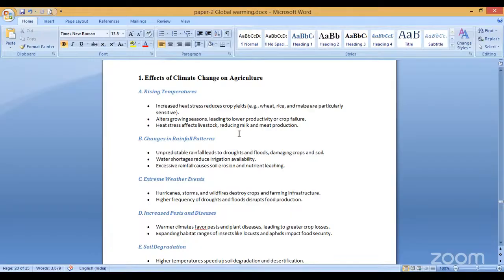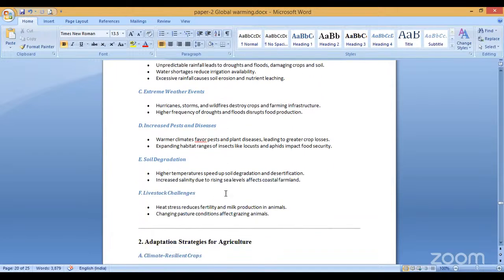Changing rainfall patterns: unpredictable rainfall leads to droughts and floods, damaging the crops and the soil, water storages and reducing irrigation availability. Excessive rainfall causes soil erosion and nutrient leaching. Nutrient leaching here means all the nutrients are washed out. That is nothing but nutrient leaching.